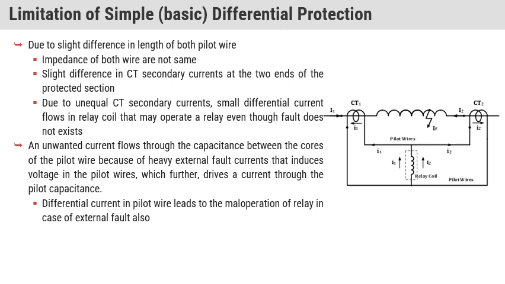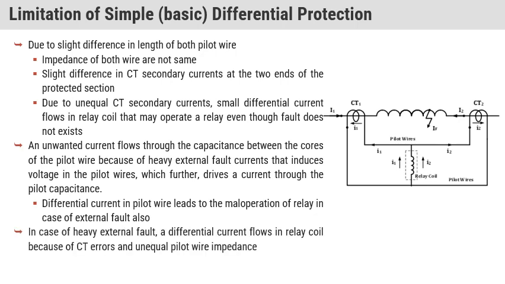An unwanted current also flows through the capacitance between the cores of the pilot wire because heavy external fault currents induce a voltage in the pilot wires, which further drives a current through the pilot capacitance. Differential current in the pilot wire leads to maloperation of the relay in the case of an external fault also.